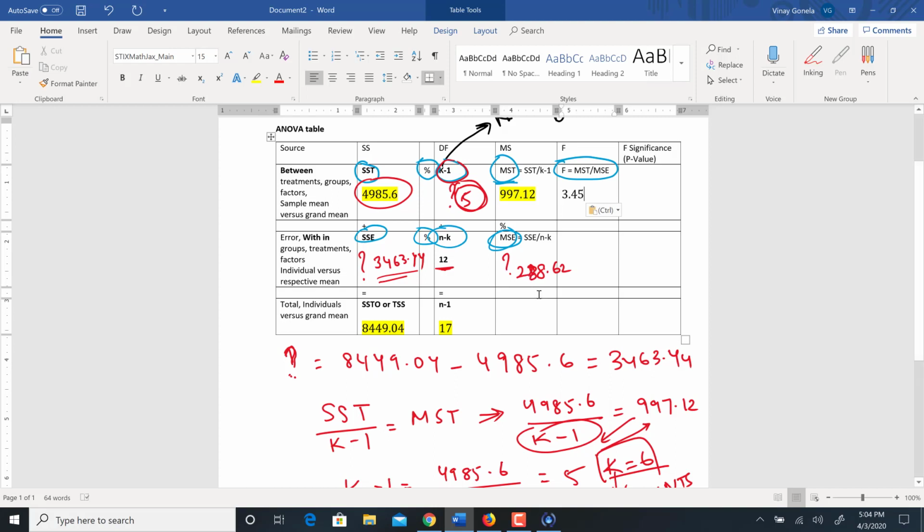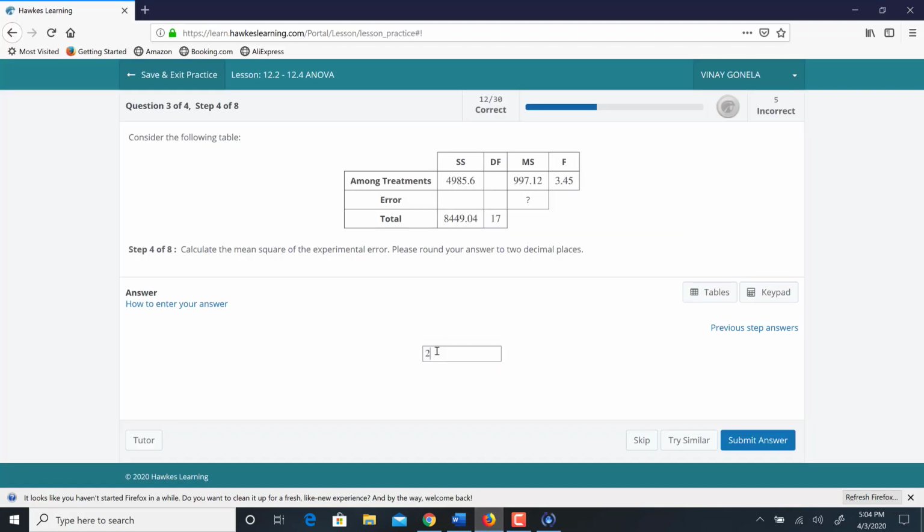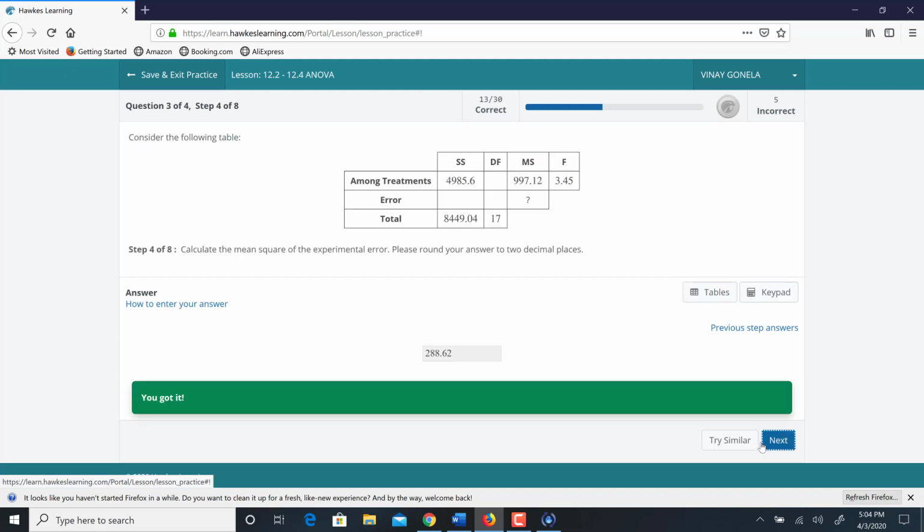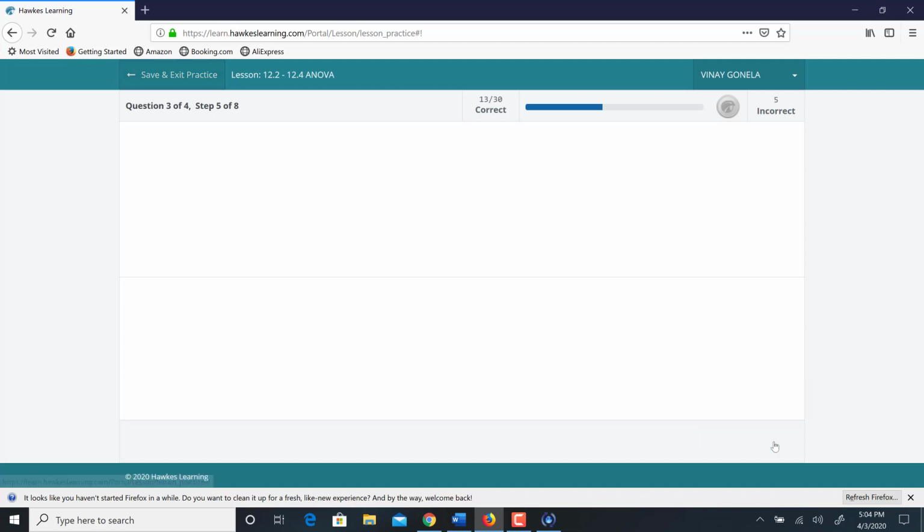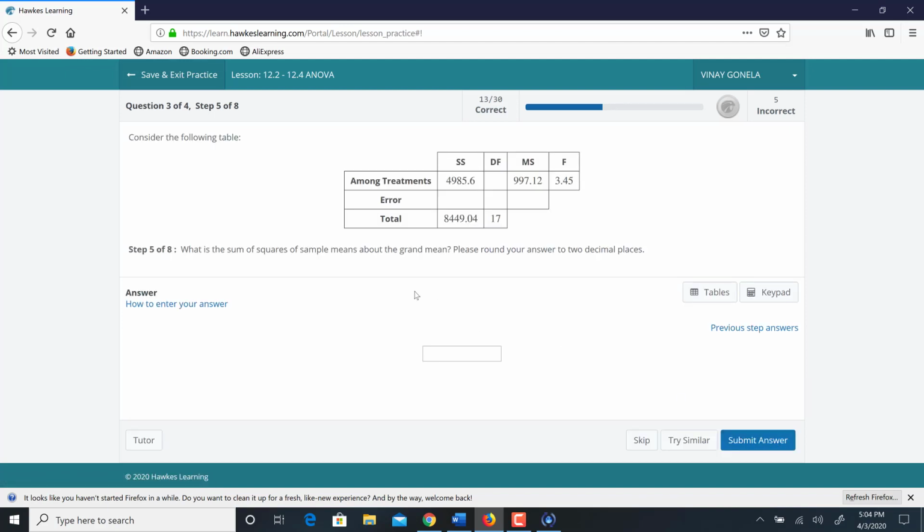So 288.62 is what we have to enter here. Okay, so how about now? What is the sum of the squares of sample means about the grand mean?